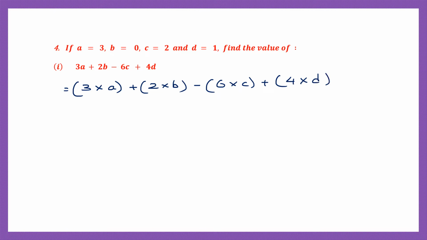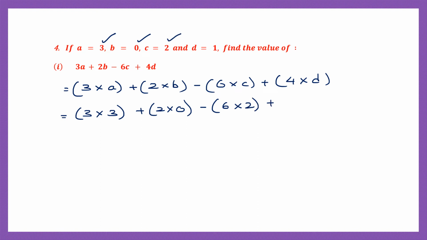Okay, now we have to substitute the values. So 3 into a is 3 plus 2 into, how much is b? b is 0 minus 6 into c, c is 2 plus 4 into d, and d is given as 1.